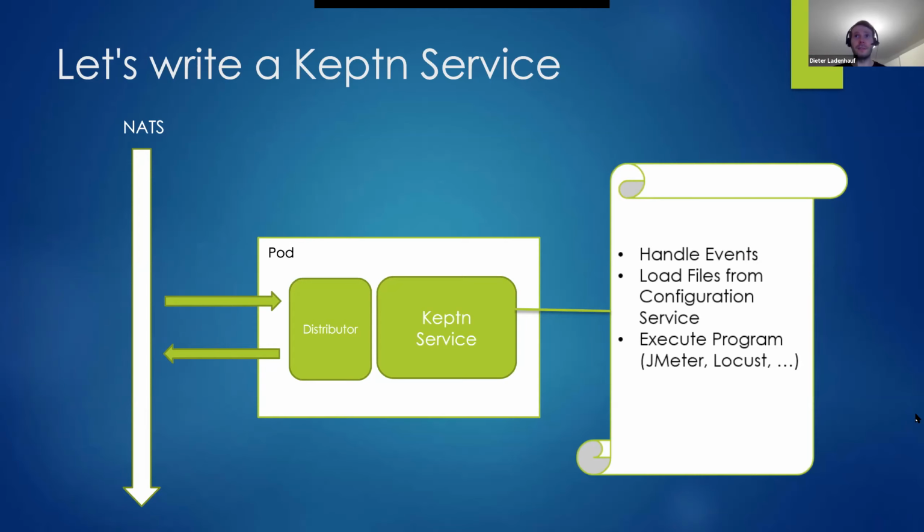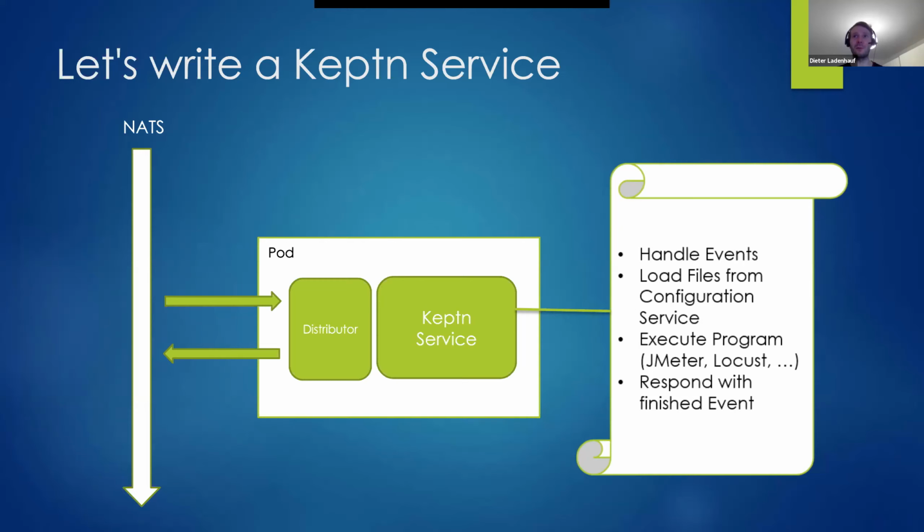Then you might write some code to execute your program. So Dynatrace and Locust are classical examples where you actually execute your test in process within your service. And at the end, when you're done, you respond with a finished event, and everything works perfectly. So that's super easy. And thanks to the Keptn team, it's really easy.